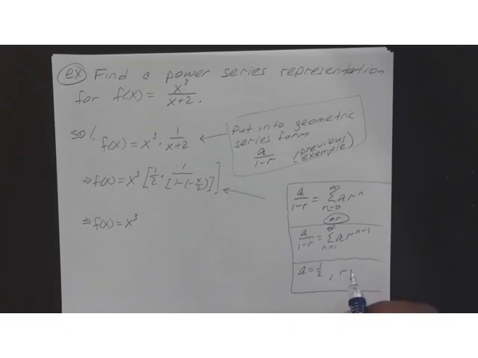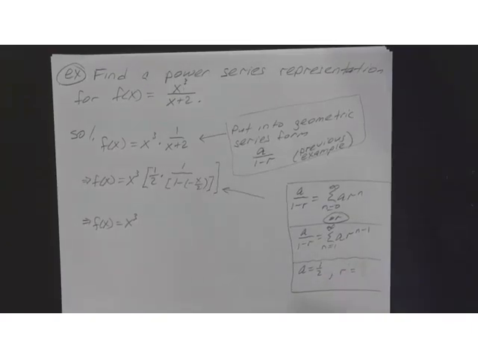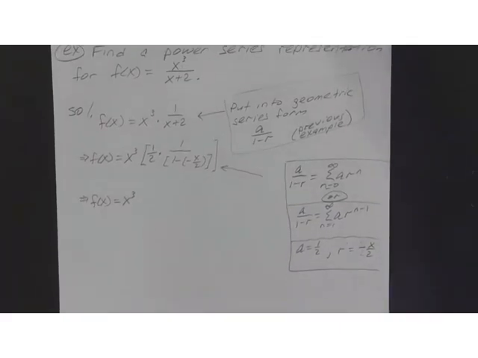And r is equal to, well, the absolute value of r is equal to x over 2, or in this case, negative x over 2, because the absolute value is equal to x over 2. But we're just looking for r.